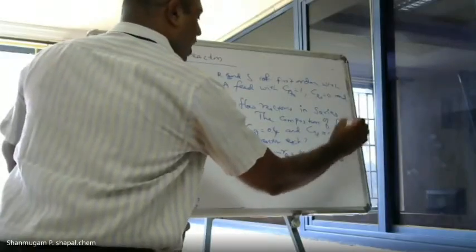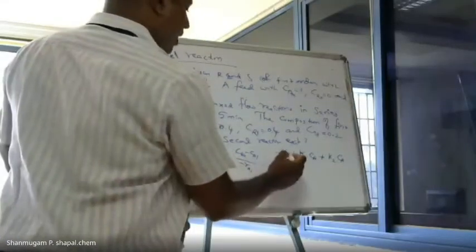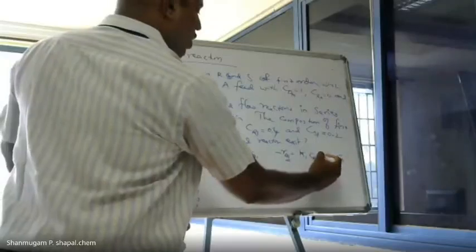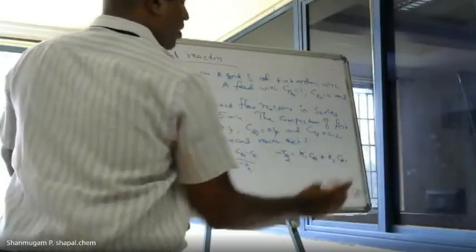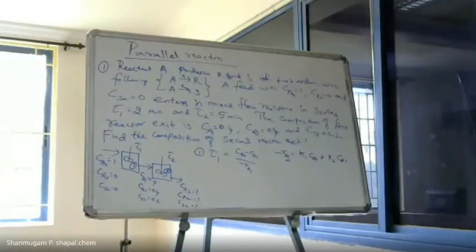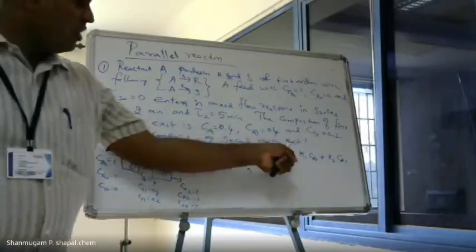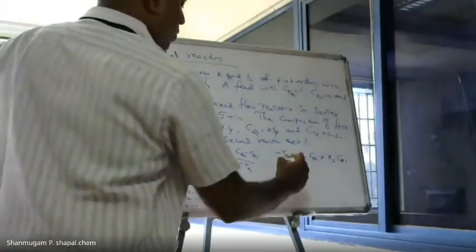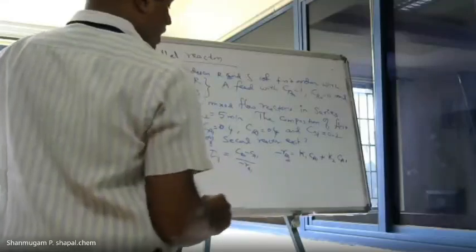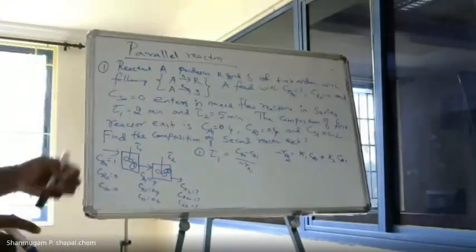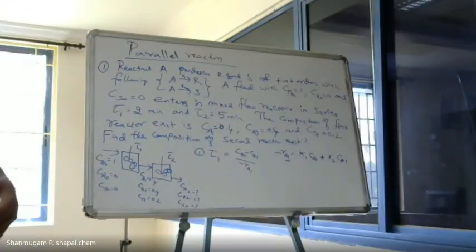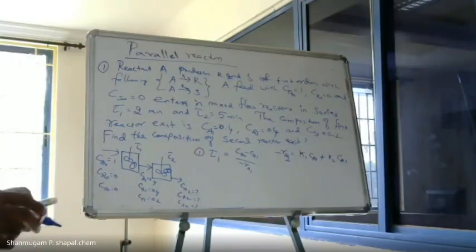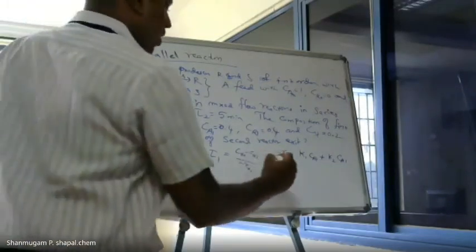As it is A1, you put CA1 and CA1. Substitute this here and find out the K1 and K2 values. Here I'll just show how we are doing the K1 and K2 value calculations.